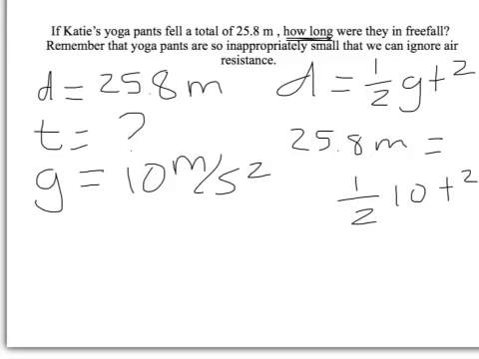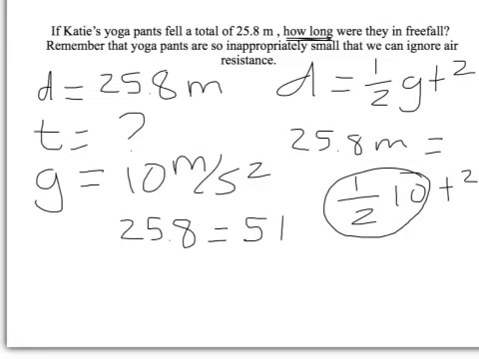Now this is a trickier problem because I've got to solve for t, so I have to be very careful of order of operations. I'm going to simplify that 1/2 times 10 is equal to 5. So that gives me 25.8 equals 5t squared. To solve for t, I need to get the t squared on one side and everything else on the other.